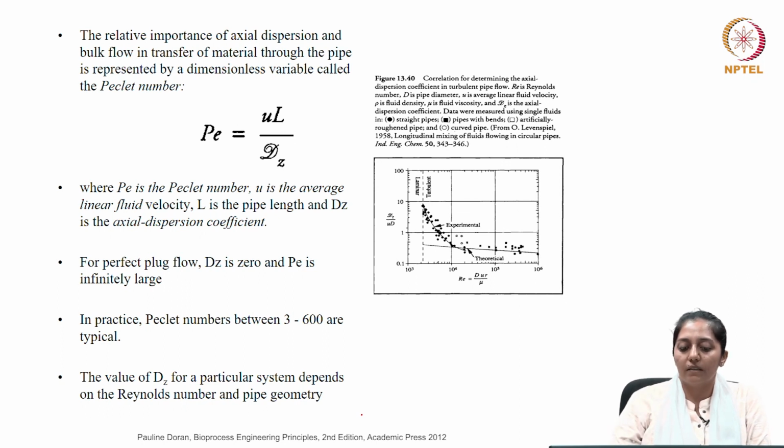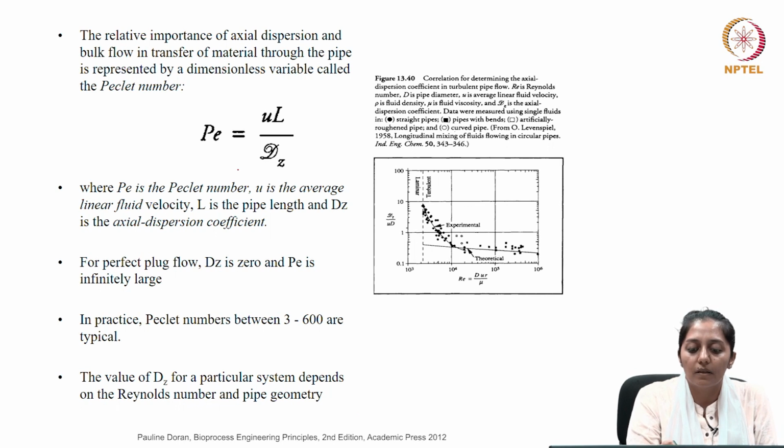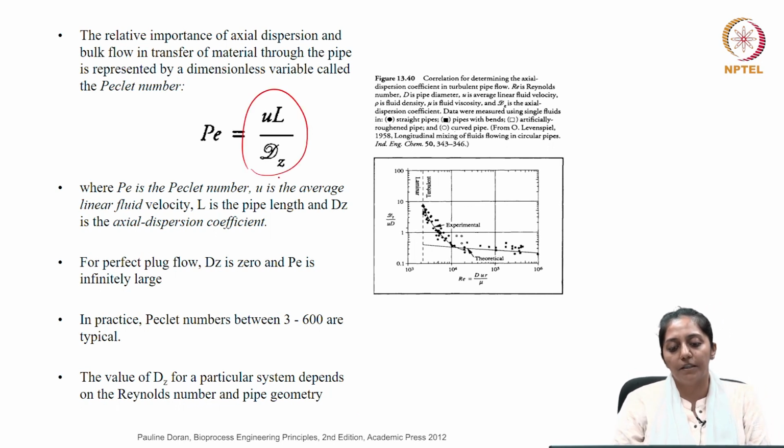Now if you see here, the Peclet number is given as U times L divided by the dispersion coefficient. Now U stands for the average fluid velocity, L stands for the length of the pipe of the holding section, and the denominator here is your axial dispersion coefficient.